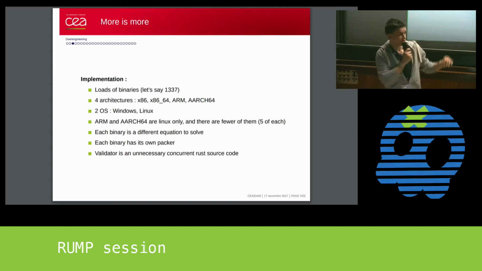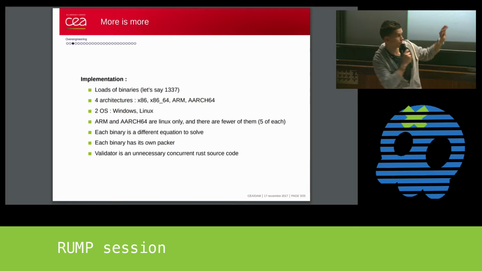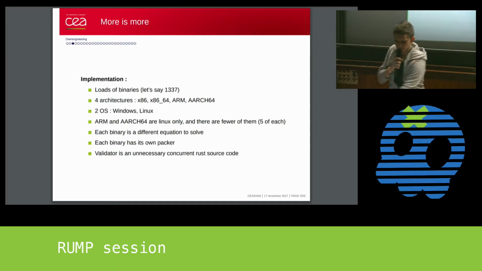So the implementation is a lot of binaries, let's say lots, for several architectures and OSes, and we only did a few for ARM, and I will explain why later. Each binary is a different equation to solve, and each has its own packer, and the validator is an unnecessarily concurrent Rust source code.